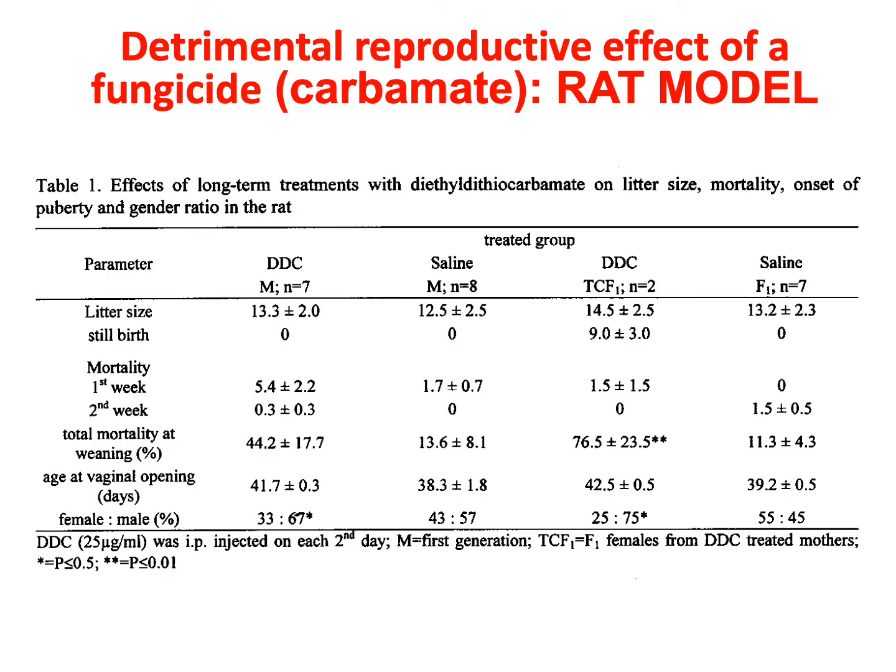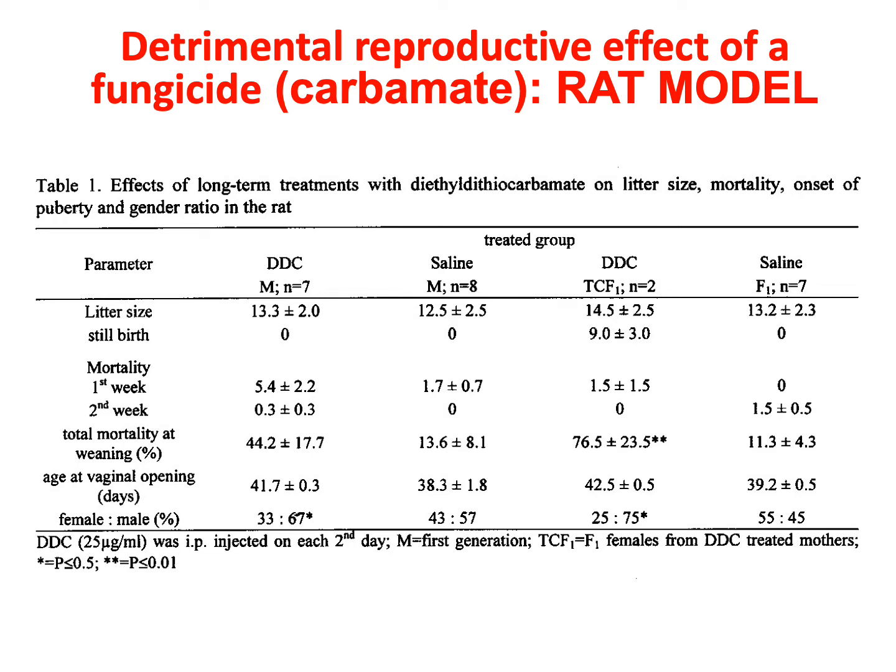The detrimental effects on reproductive performance of pesticides and fungicides are given in a rat model. The effects of long-term treatments with diethyl dithiocarbamate on litter size, mortality, onset of puberty in the form of age at vaginal opening, and gender ratio in the rat are the following.